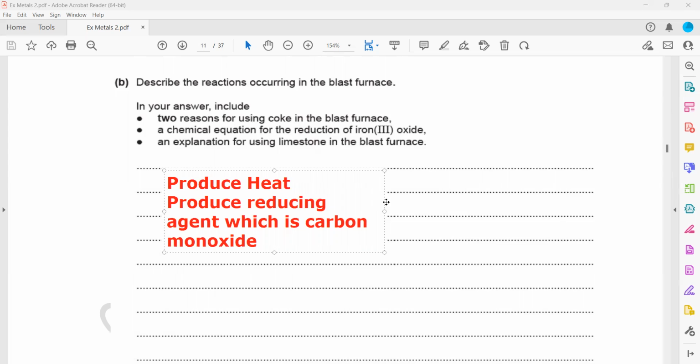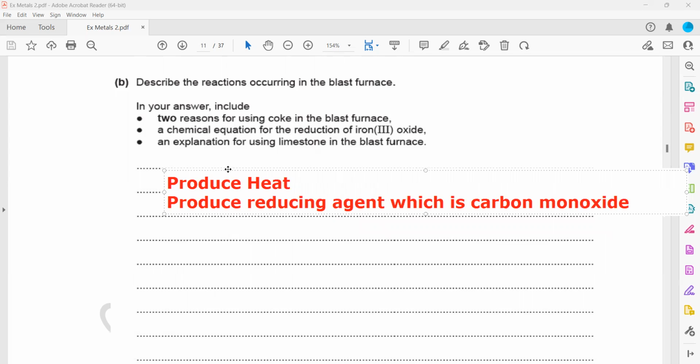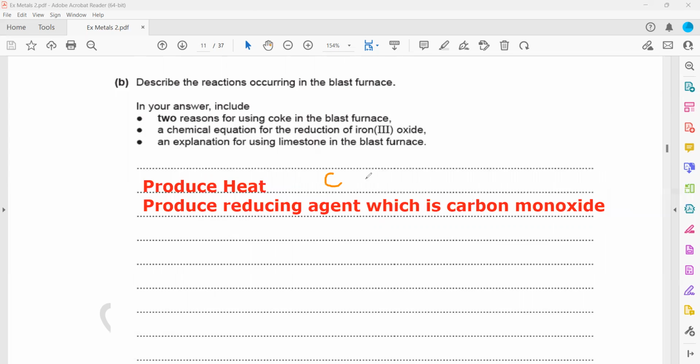So these are the two reasons we add coke into the blast furnace. Then the equations for each. The first one, to produce heat: the carbon, the coke, reacts with oxygen to give carbon dioxide. The second one, to produce a reducing agent: carbon dioxide reacts with more carbon to produce carbon monoxide.